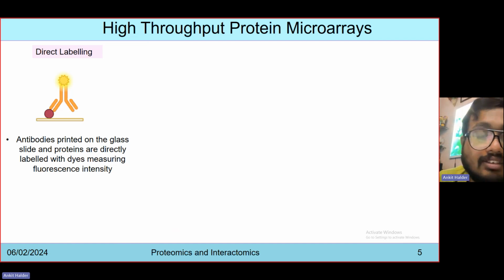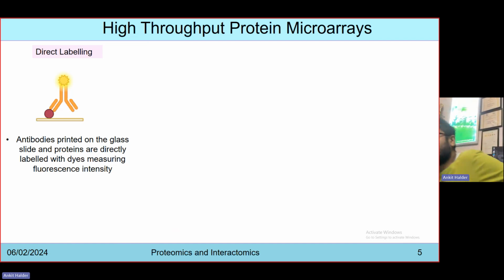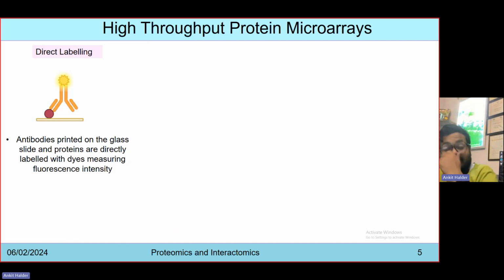One thing is the direct labeling. To have high throughput protein microarrays, we should look at different ways, and one is the direct labeling. Hopefully there are no questions till now. Here the antibodies are printed on the glass slide and the proteins are directly labeled with dyes, measuring the fluorescence intensity.